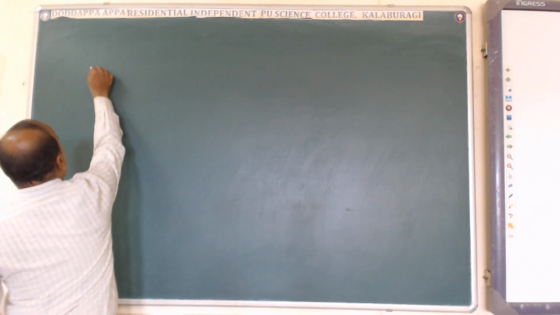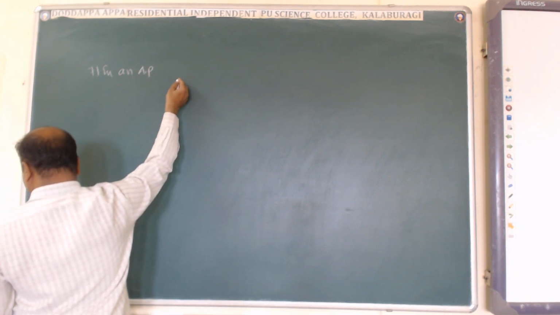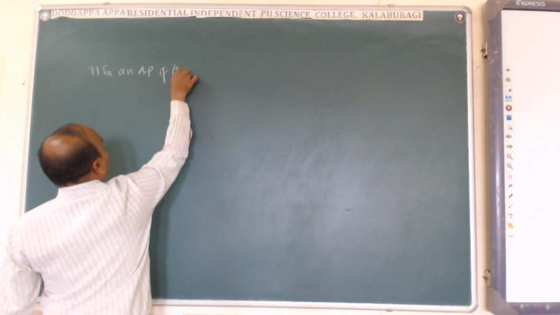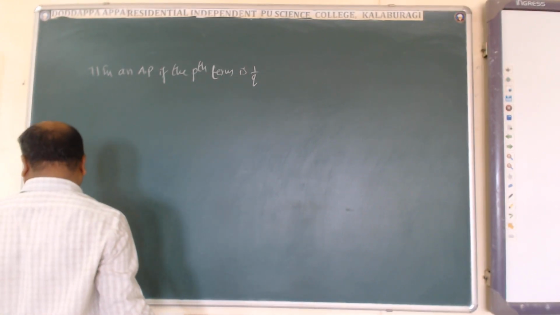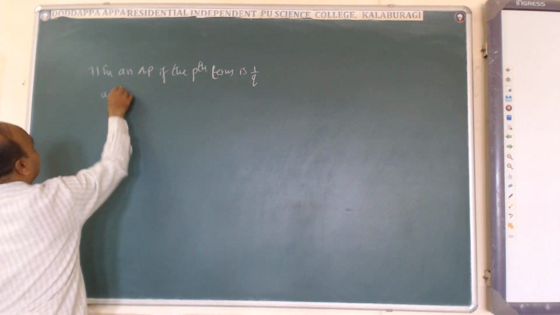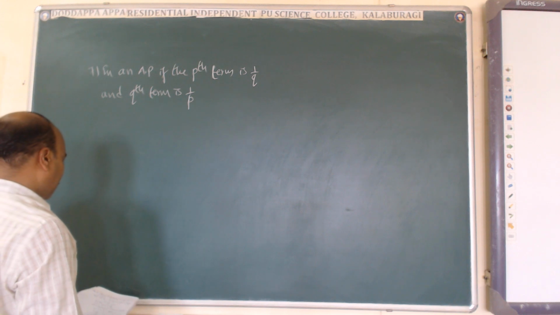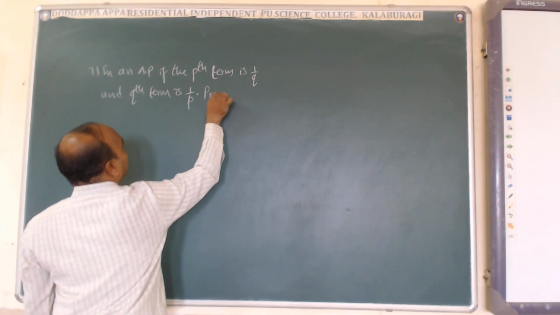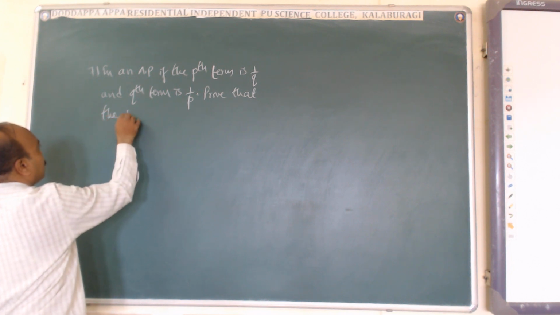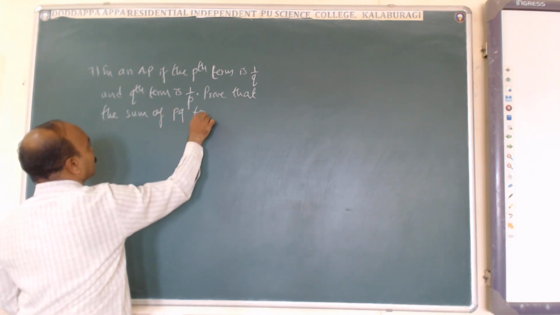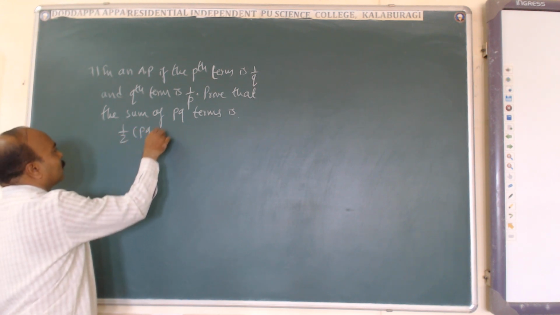In an AP, if the pth term is 1 by q and the qth term is 1 by p, prove that the sum of pq terms is 1 by 2 times of (pq plus 1).